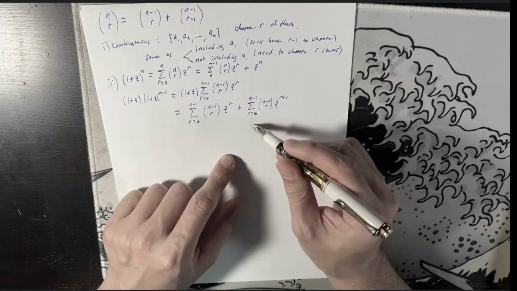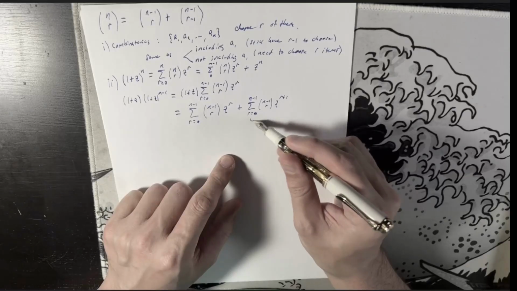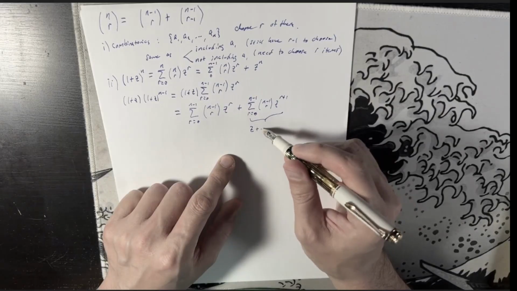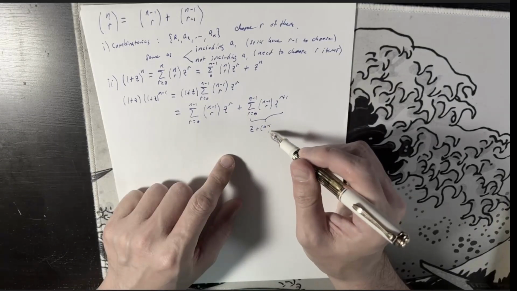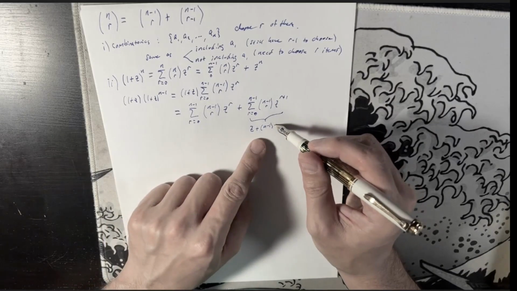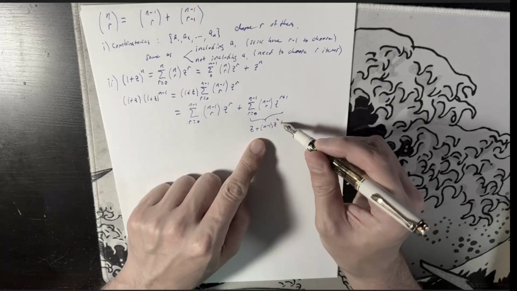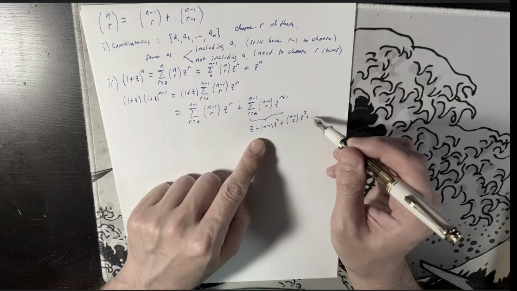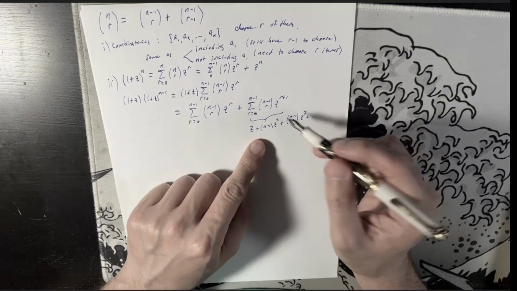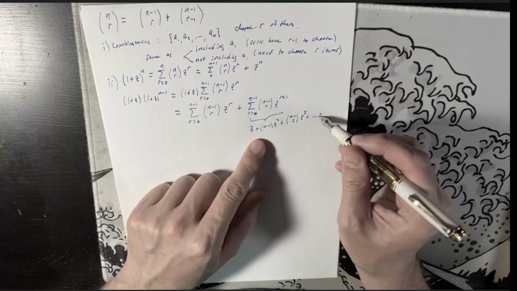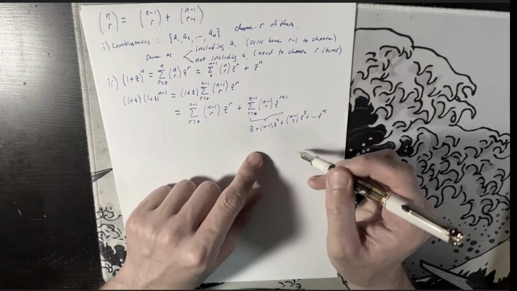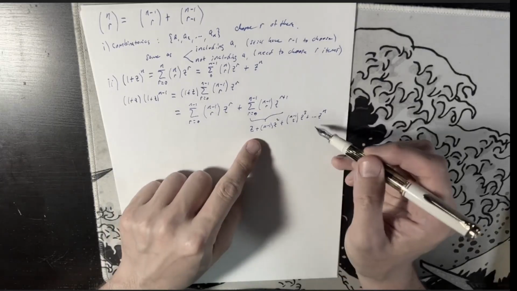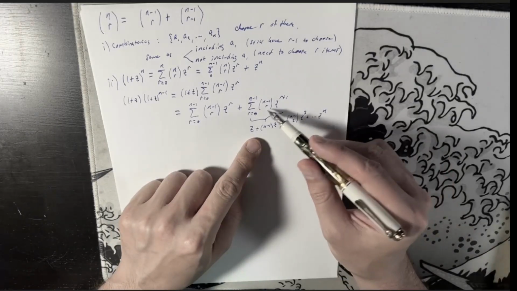This guy is z plus n minus 1 choose 1 times z squared, plus n minus 1 choose 2 z cubed, and so on, and it stops at z to the n. Though the previous one is n minus 1 choose n minus 2, I suppose.